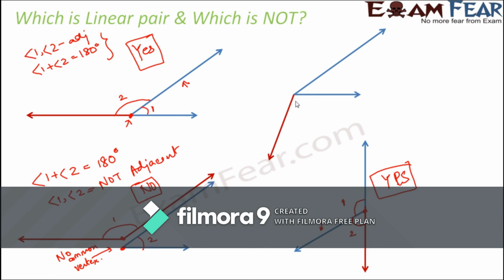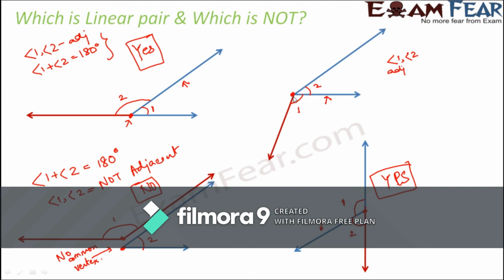So what about this one? Here you have angle 1 and angle 2. Of course these are adjacent because they have a common vertex, a common arm, and there are no common interior points. What about their sum? Do you think that the rays are exactly opposite to each other? This is one ray, this is another ray.